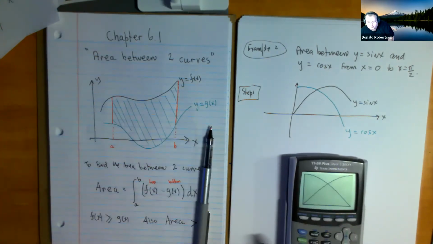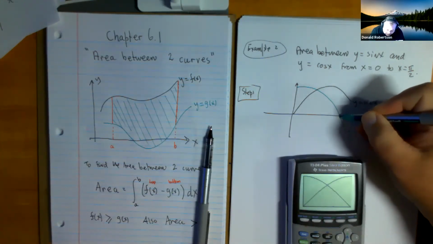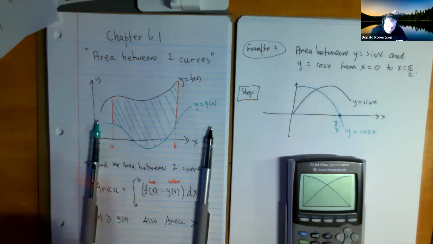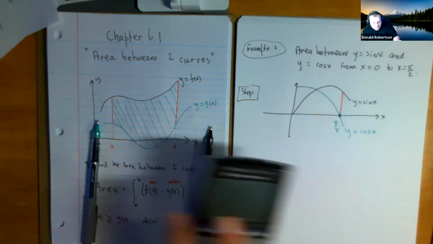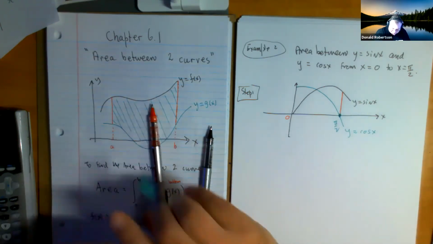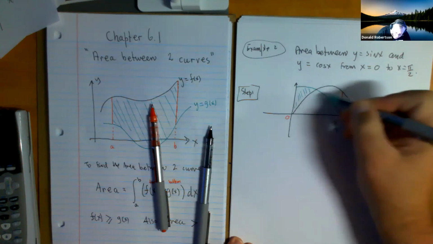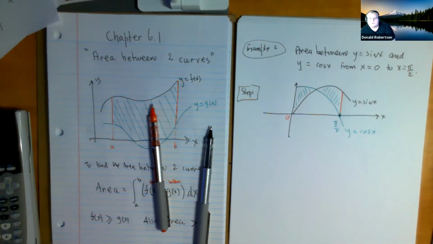And on my picture, that guy there is pi upon 2. So there's our cutoff point. And the other one is 0. So the area between the two is actually two distinct areas, agreed?